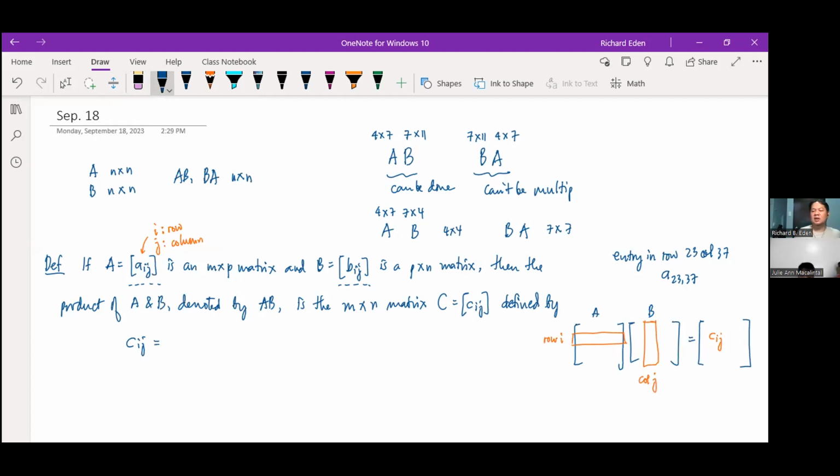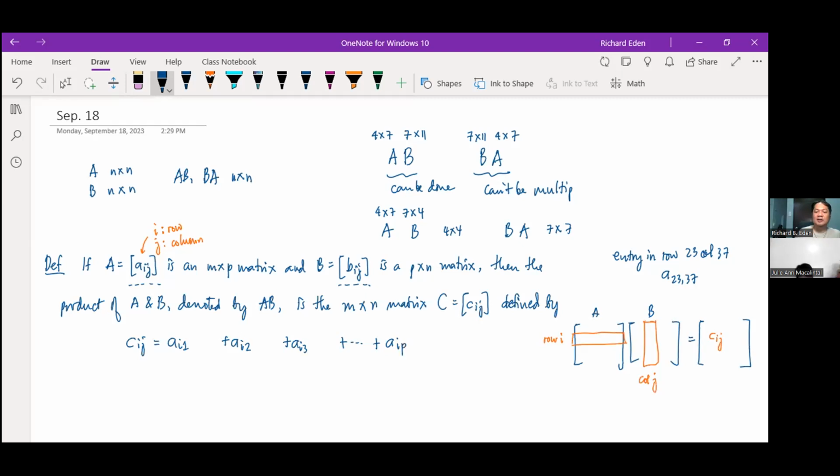In matrix A, the entries in row I are A sub I1, A sub I2, A sub I3, plus dot dot dot, until we get to A sub IP, because A is M by P, so row I has P entries.